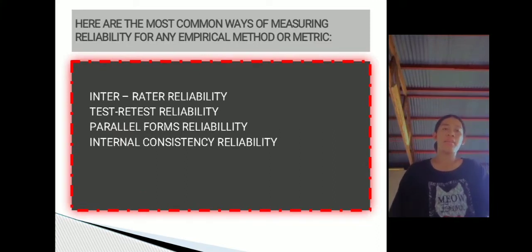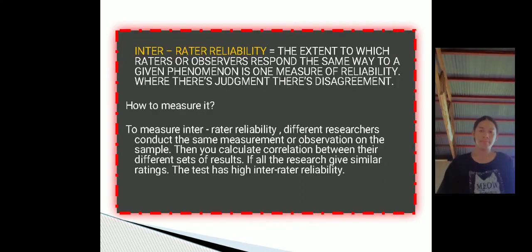Here are the most common ways of measuring reliability for any empirical method or metric. First, inter-rater reliability. Second, test-retest reliability. Third, parallel forms reliability. And of course, lastly, internal consistency reliability.